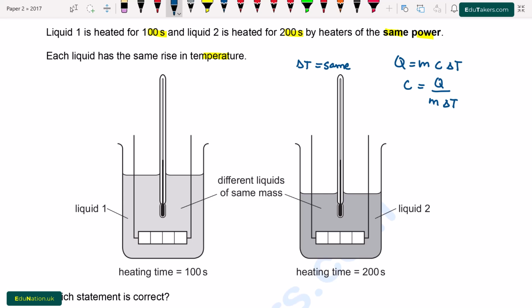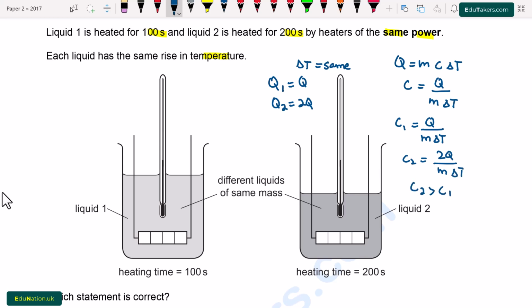It means that if heat for the first liquid is equal to Q, then the heat for the second liquid will be equal to 2Q because it is heated double the time as compared to liquid 1. So C1 will be equal to Q over m delta T, where C2 is equal to 2Q over m delta T. It means that C2 is greater than C1.